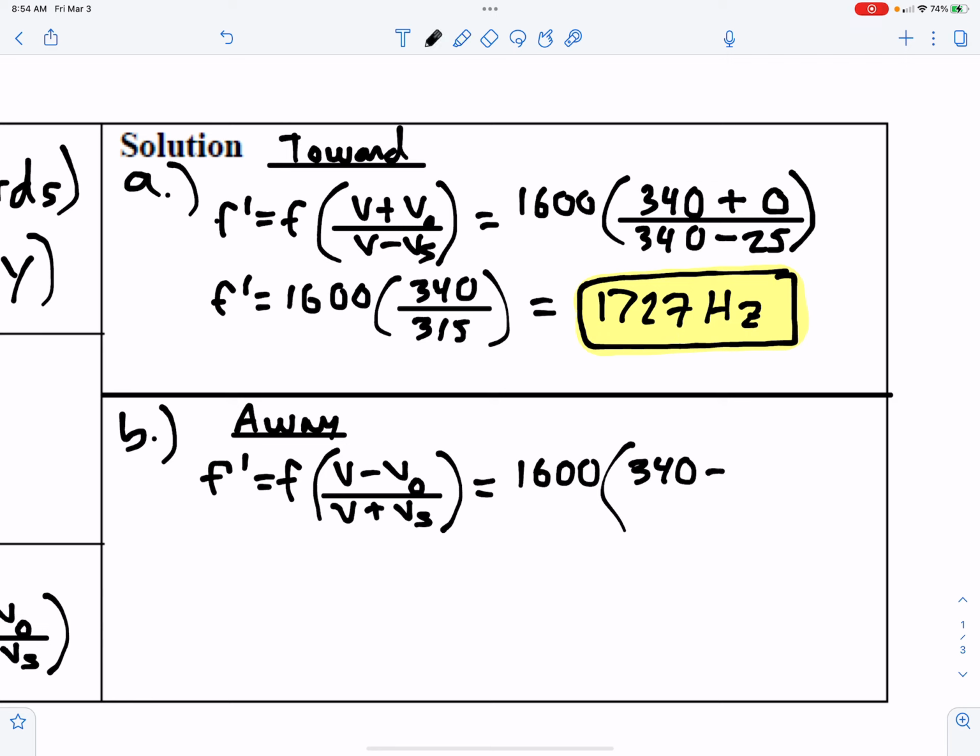Okay, same idea. We're going to go 340 minus 0 on the top as we're going away, and 340 plus 25 on the bottom.